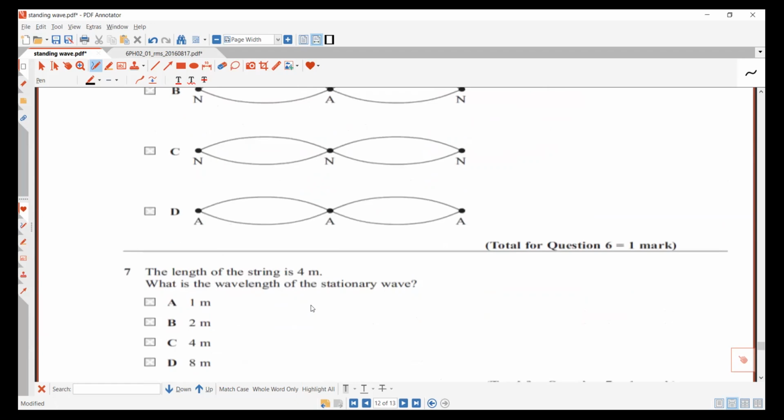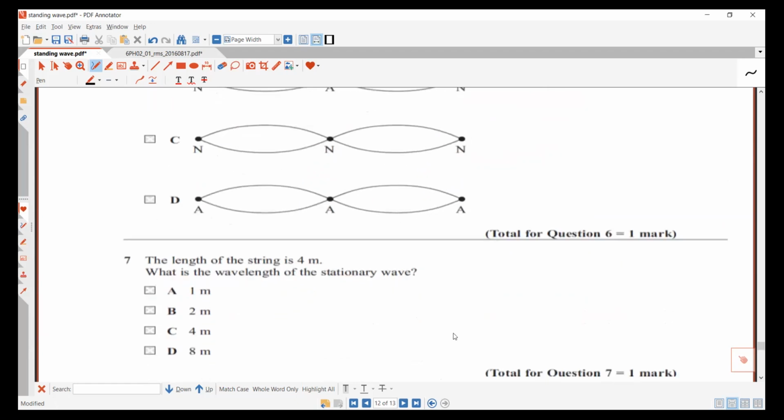The length of the string is 4. And what kind of harmonic is this? Second harmonic. So lambda is equal to L only, because lambda is 2L by 2. The 2 gets cancelled, so lambda is 4. C is your answer, 7C. Now, does anybody need an explanation why it is 7C?